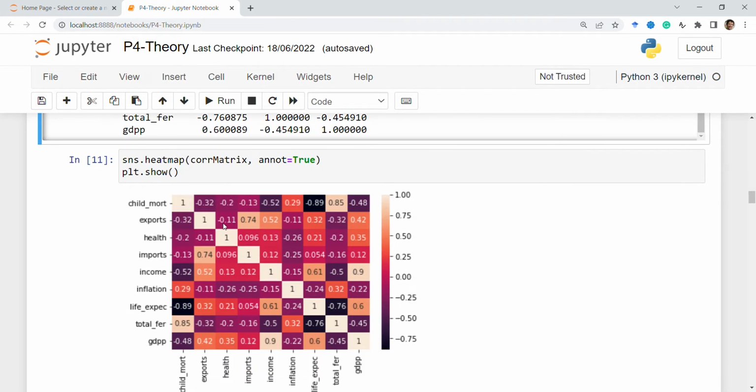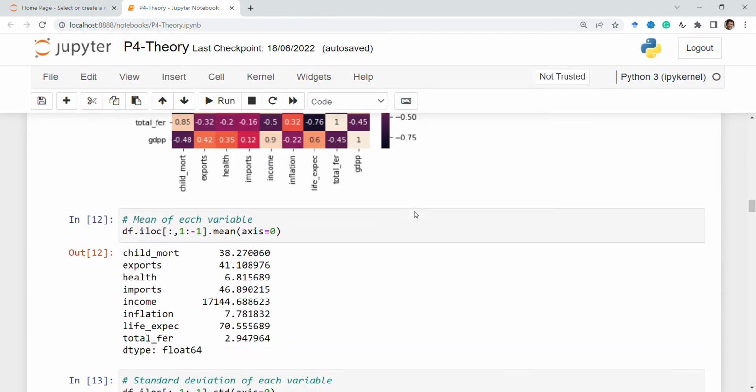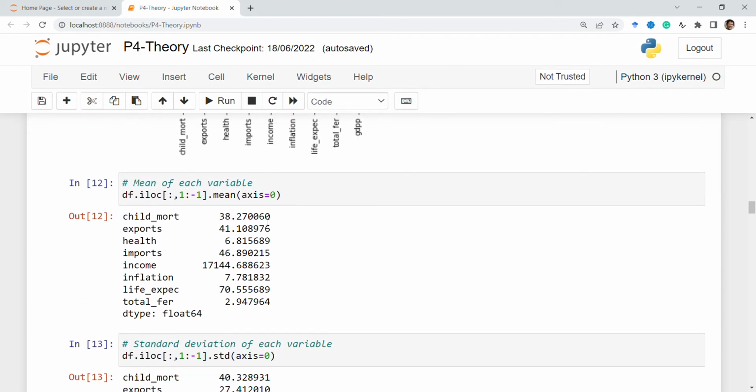So here is a graphical representation of the same correlation matrix. Here with the heat map, we can get a better idea of which variables are related to which, and in which direction. If you have a dark color, it is a negative correlation. If you have a light color, it is a positive correlation. And then we can also explore the mean of these variables.